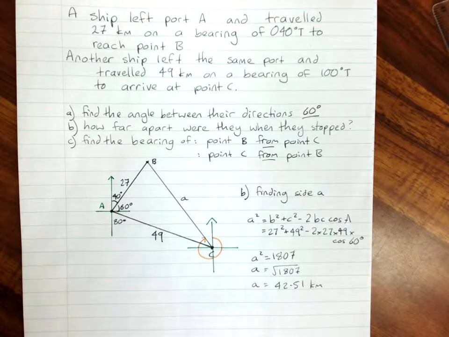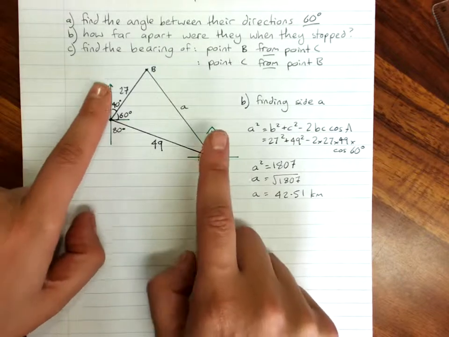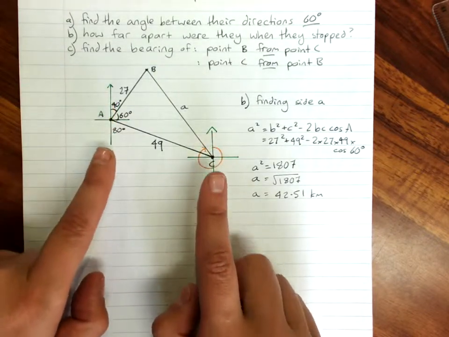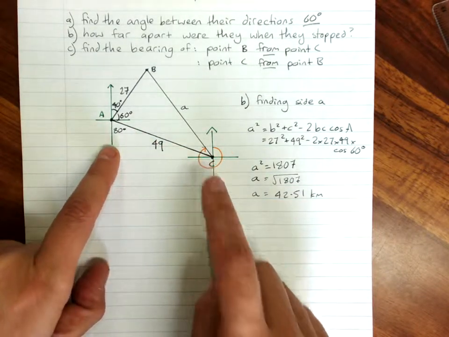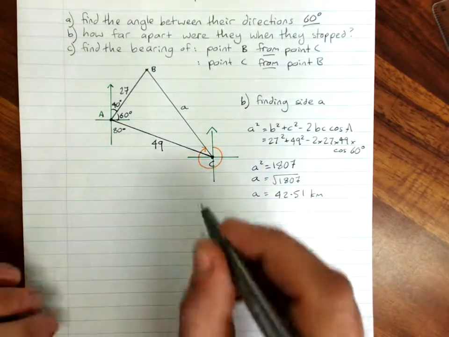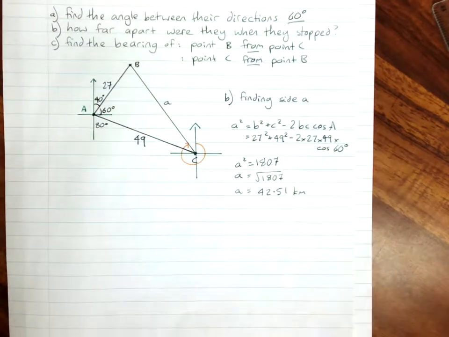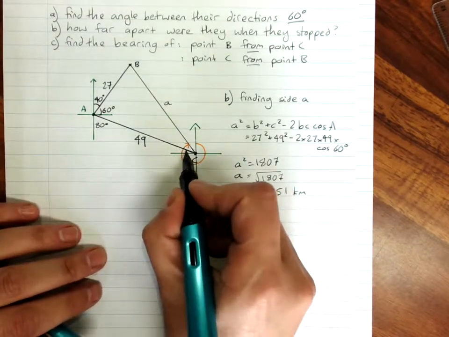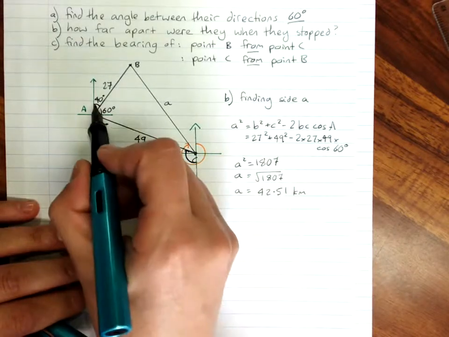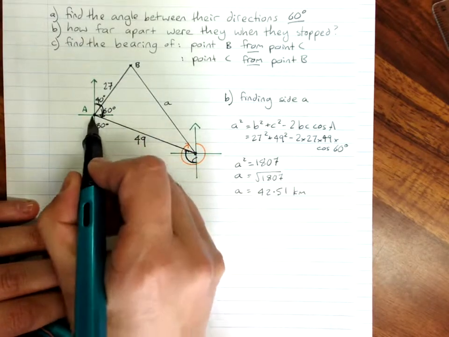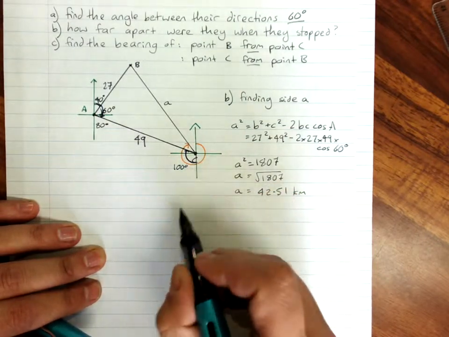The next big trick that we tend to miss out on is that the compass roses give us a pair of parallel lines, and the lines that join them give us alternate angles. So if I just wanted this angle in here, that's alternate to the angle that was made by that line, so that's 100 degrees just in there.